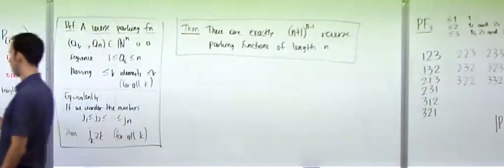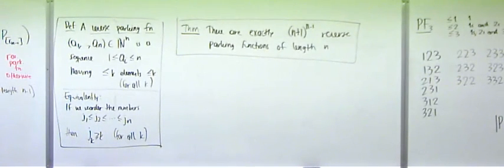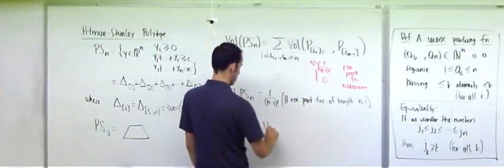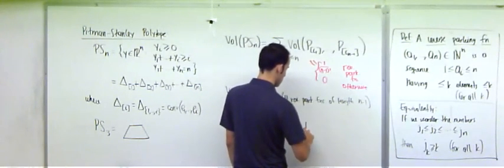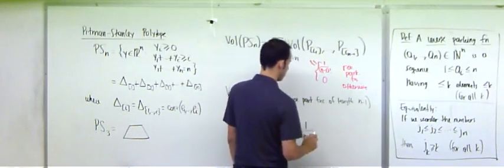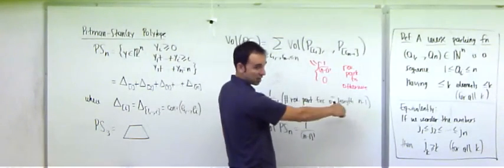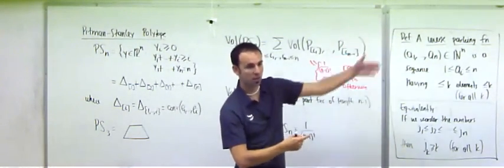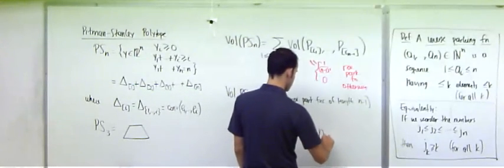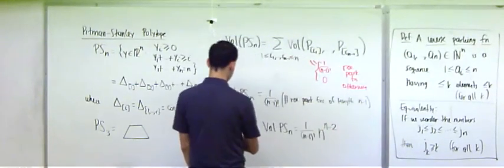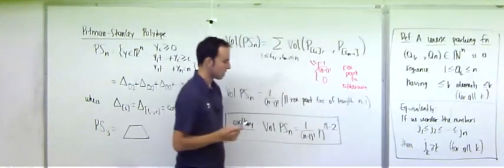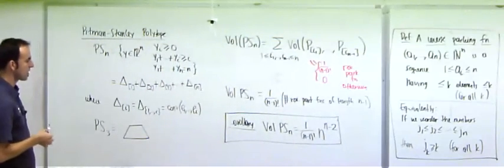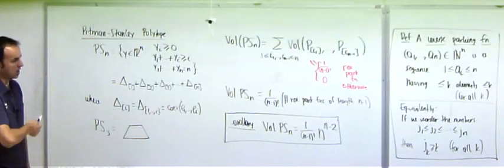So the corollary of that result is that the volume of the Pittman-Stanley polytope is simply 1 over n minus 1 factorial times the number of reverse parking functions of length n minus 1, which is n to the n minus 2. Which is a nice, simple, beautiful formula for that volume.